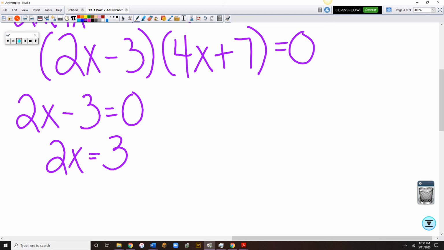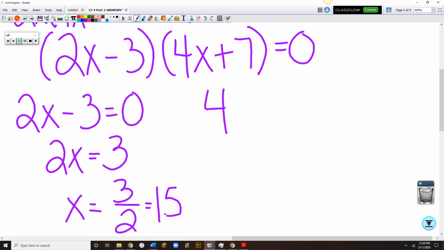Now, I will tell you that I don't always write down, like I didn't write down the add 3 to both sides, and I don't always write the divide by 2 on both sides. But I at least make myself write down those steps so that I don't mess up with a sign or whether the fraction goes right side up or upside down. So 3/2, same thing as 1.5, either one.